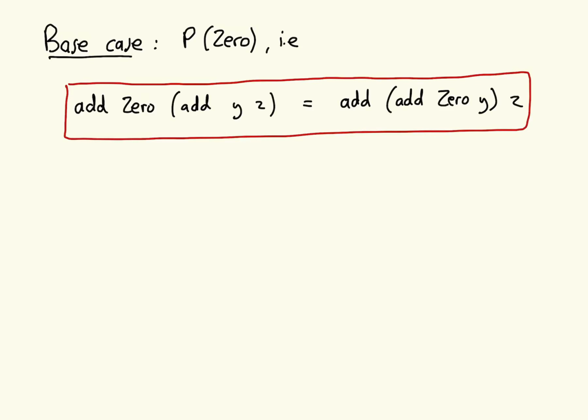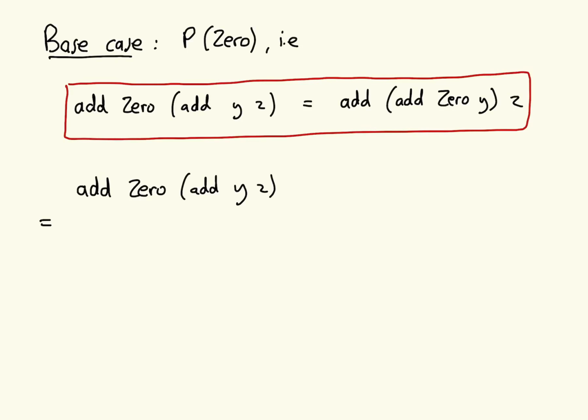So what do we do? Well, we need to start with one of the two sides. So typically you think, well, what's the most complicated thing? Well, in this case, both sides are kind of equally complicated, so it doesn't actually matter much which one we start with. So let's just start with the left-hand side. So what we're going to do is have add of 0 of add of y z, and then see what happens.